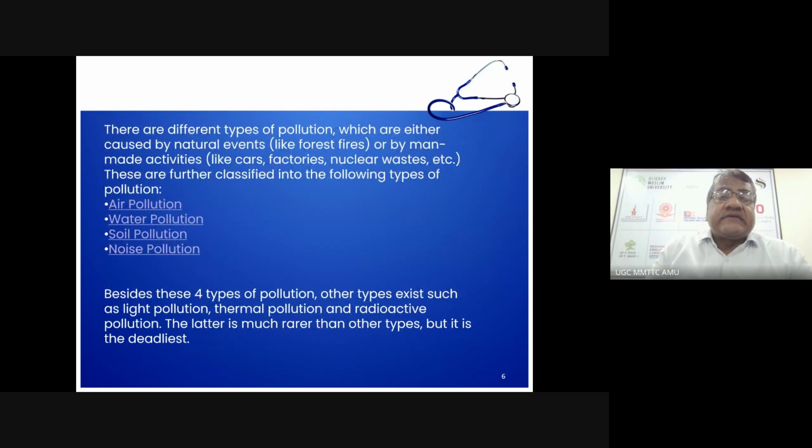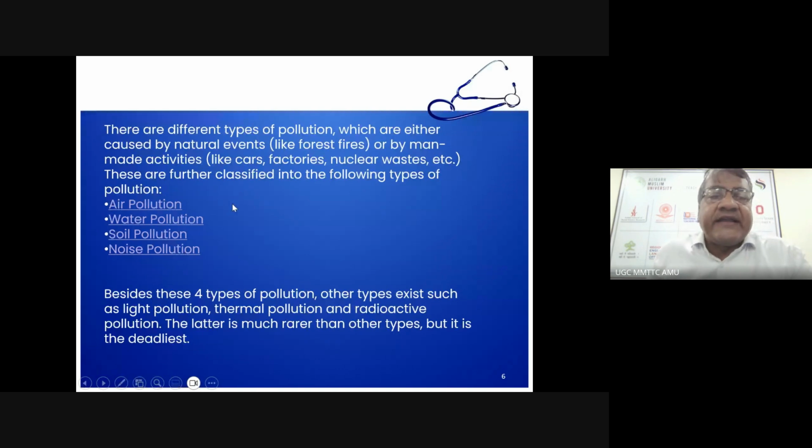The next is, basically, I will give you a basic idea about the different types of pollution. Everyone knows there are basically four types of pollution, which are caused either by natural events like forest fires, or by man-made activities like cars, factories, nuclear waste, etc. These are air pollution, water pollution, soil pollution, and noise pollution.